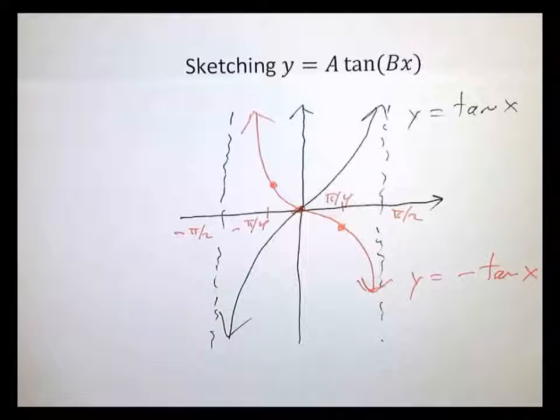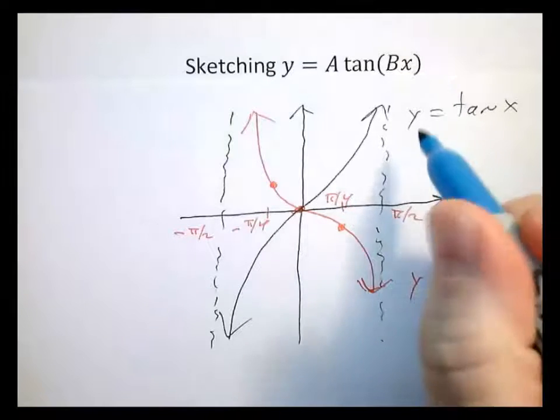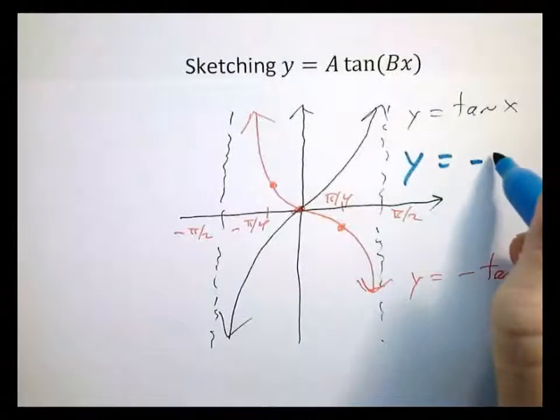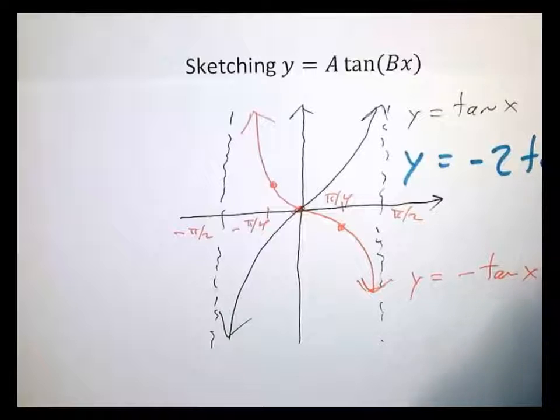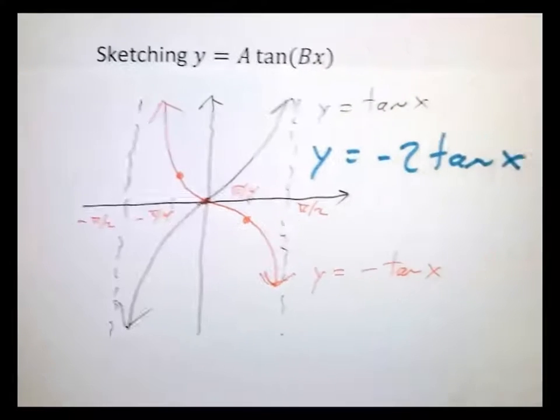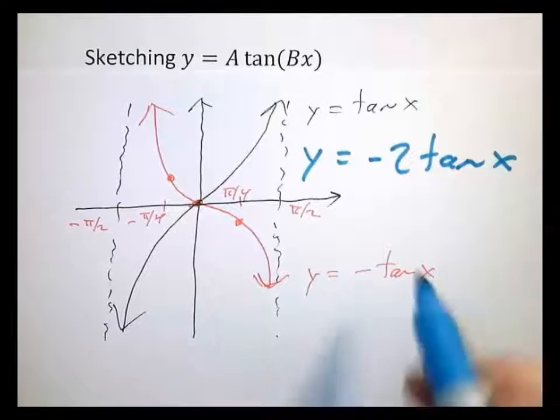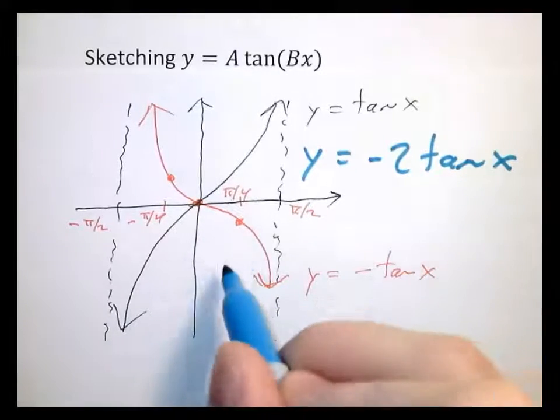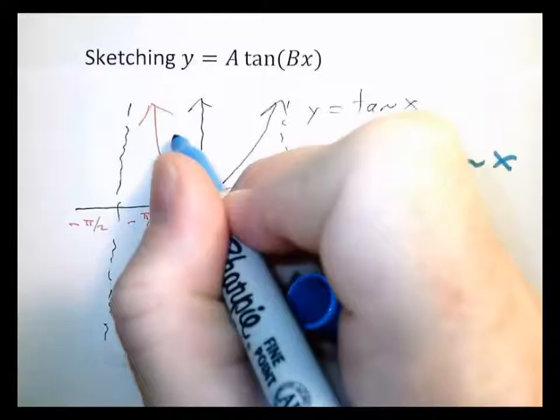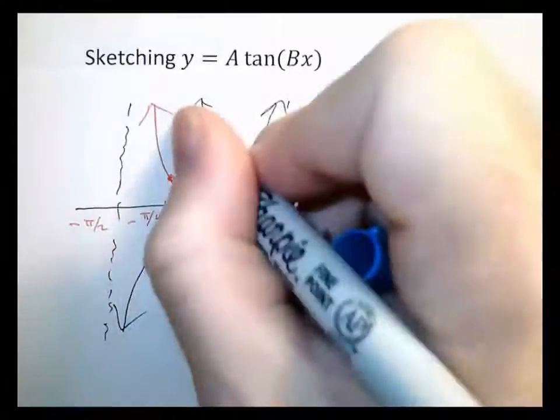And then if I do want, I can do things like, what if y equals negative 2 tangent of x? Okay, so for this one, I could write the tangent and negate, or I can multiply this by 2. I'm going to have something like this now.